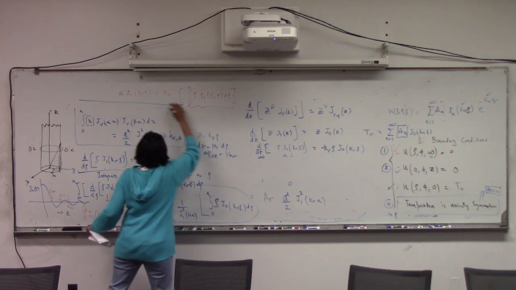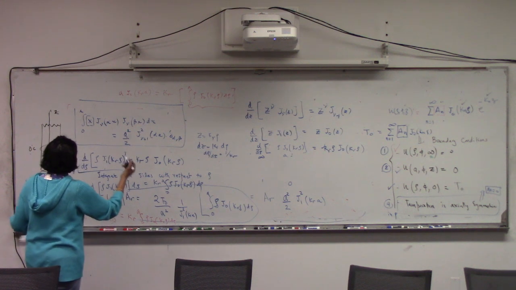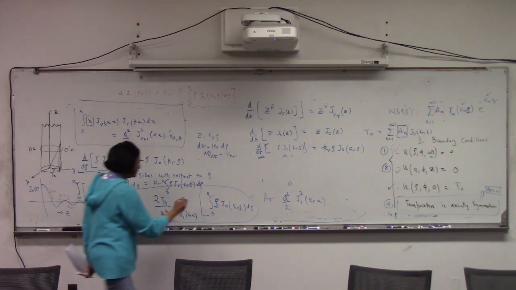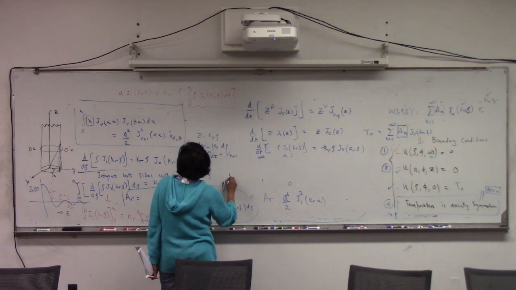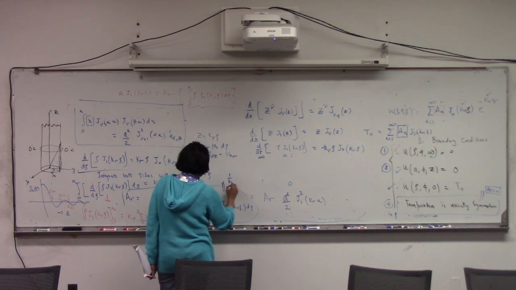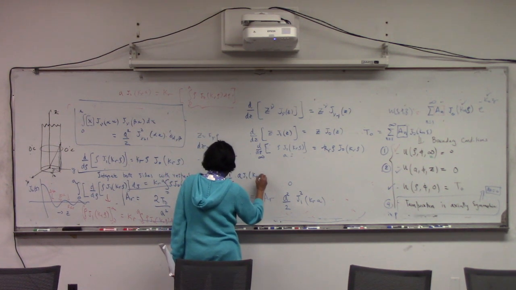So this integral is simply 1 over kr of all that stuff. This integral is nothing but 1 over kr of a times J1 of kr times a.